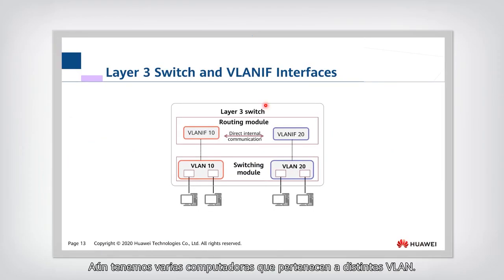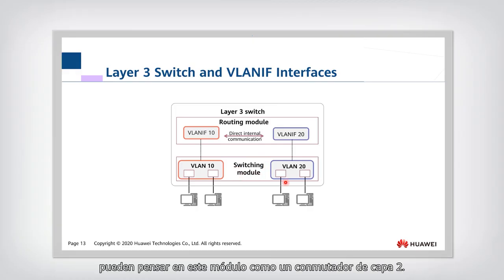So you can see that here we still have several PCs belonging to different VLANs. However, we only have one physical device, which is the layer 3 switch. A layer 3 switch is composed of two different modules. One is the layer 2 module, which is the switching module.